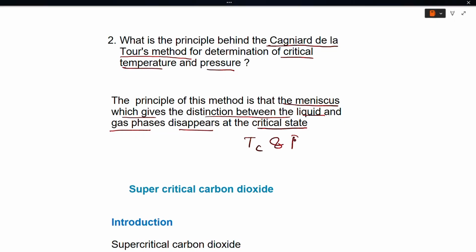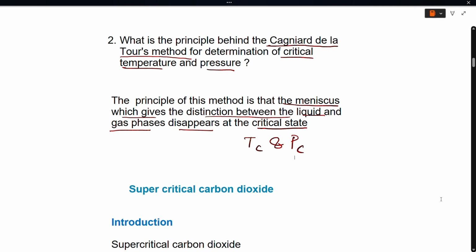That is, the meniscus which separates the gas and the liquid disappears at the critical state. So that temperature and the corresponding pressure will give you Tc and Pc. So that is measured simultaneously.